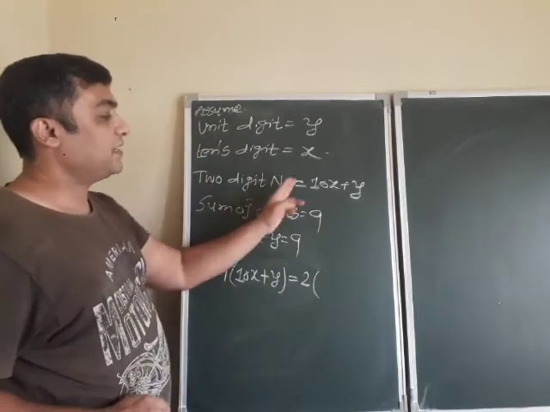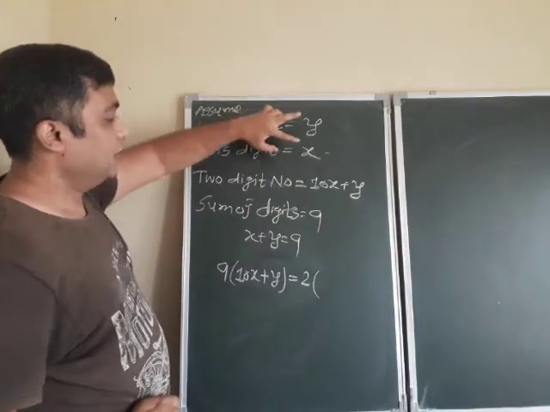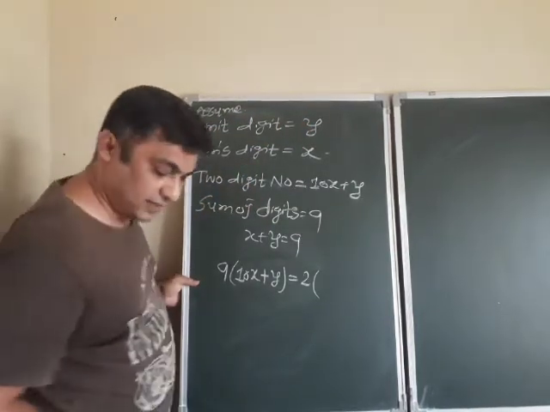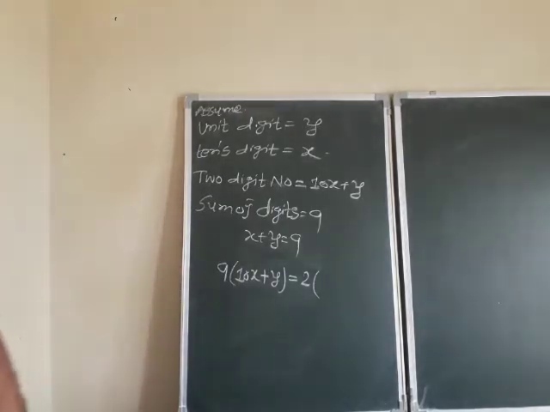So the number obtained by reversing: if you reverse the digits, which number will you get? See, let me write one more thing.